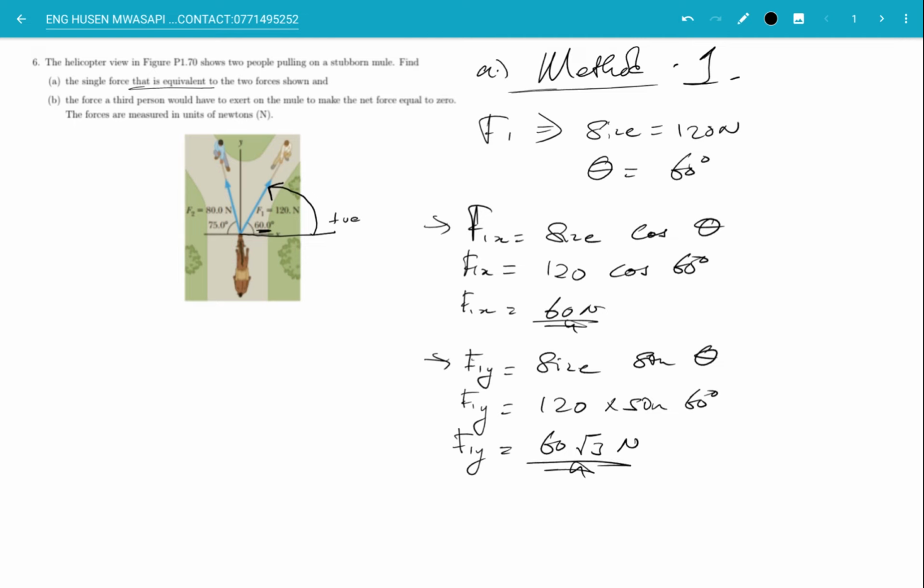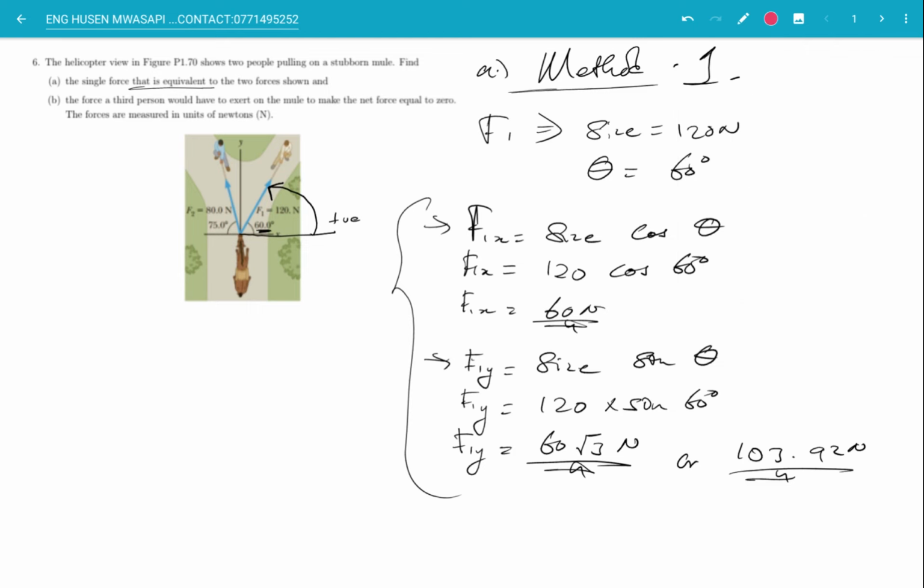Others would prefer to write 103.92 newtons. Either way, you can pick any one of the two and you'll still be fine. These are the components of the first force. Now we have to look for the components of the other force.